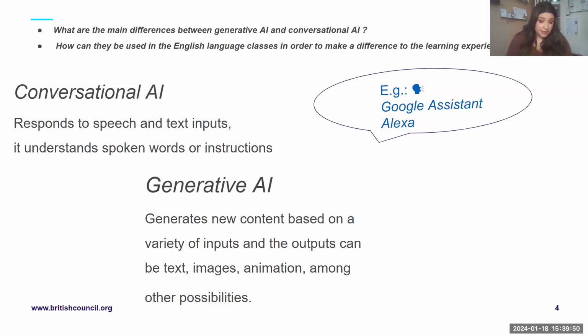And generative AI, in the sense we are considering here, has to do with this content that is replied to. We get this output in a more elaborate way. Of course, there's the possibility of images and especially texts.